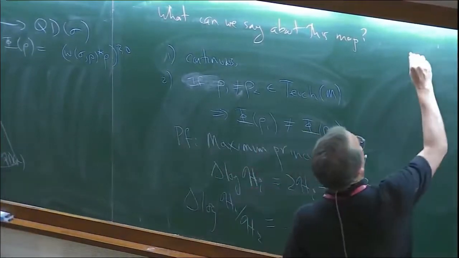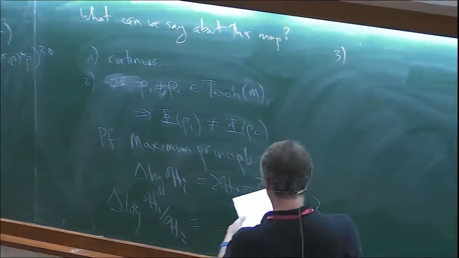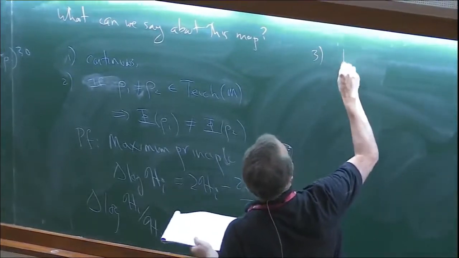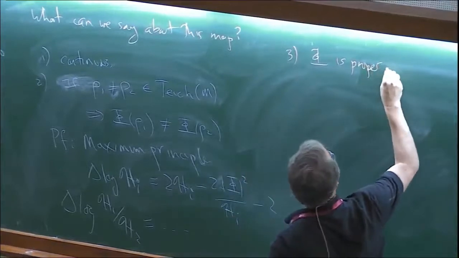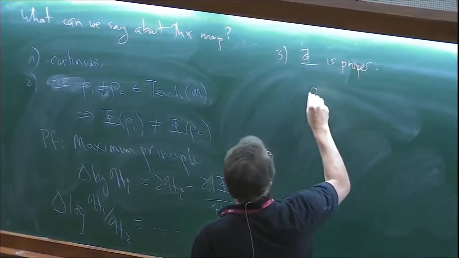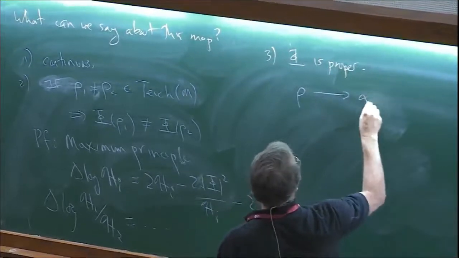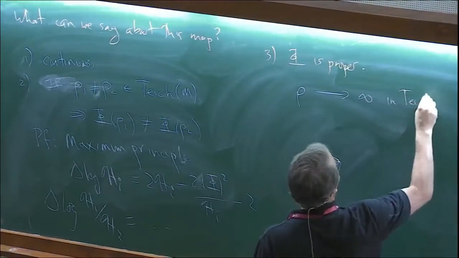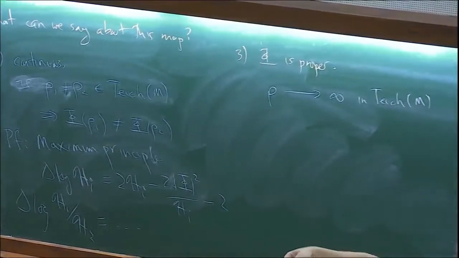The last point I want to make, and this I will spend some time on, is that this map phi is proper. What do I mean by that? I mean that if I take a bunch of metrics rho and let them go to infinity in Teichmuller space, they get extreme, they start to degenerate.